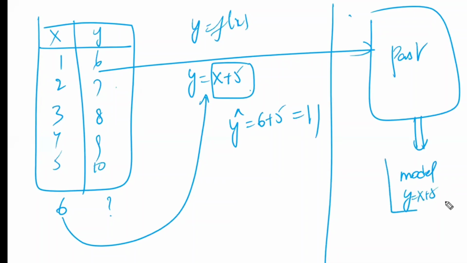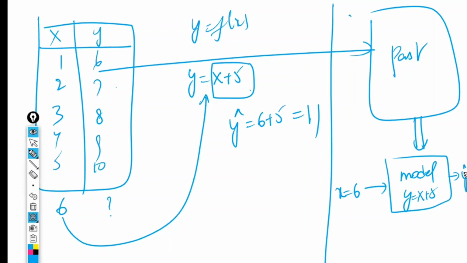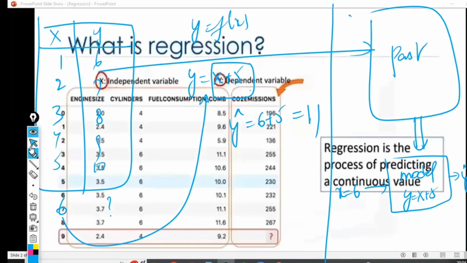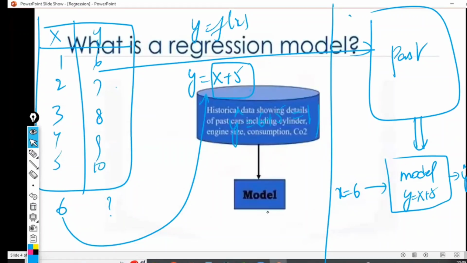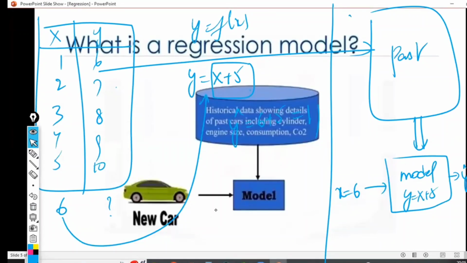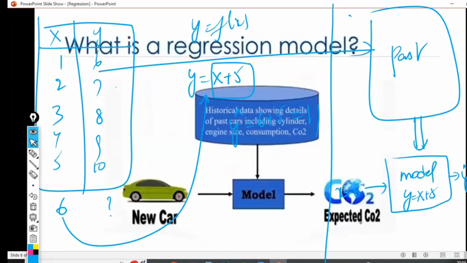Based on the data they have given, I identified the relation. Then in the future data, for x is equal to 6, I substitute here and calculate y hat is equal to 11. The same thing I have kept in the PPT. So first you take the past data and make a model, and in the future, for any new car, you predict the output.